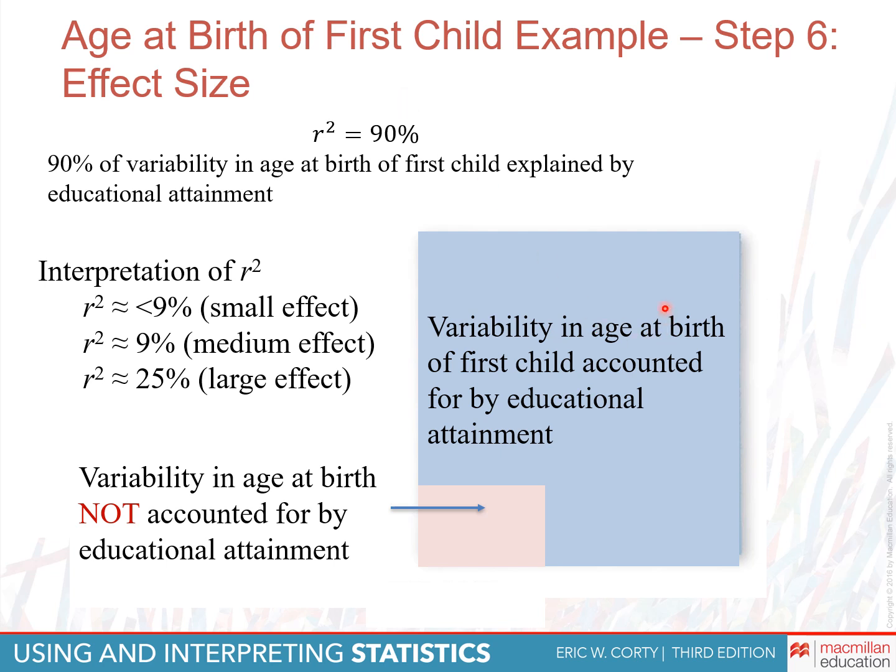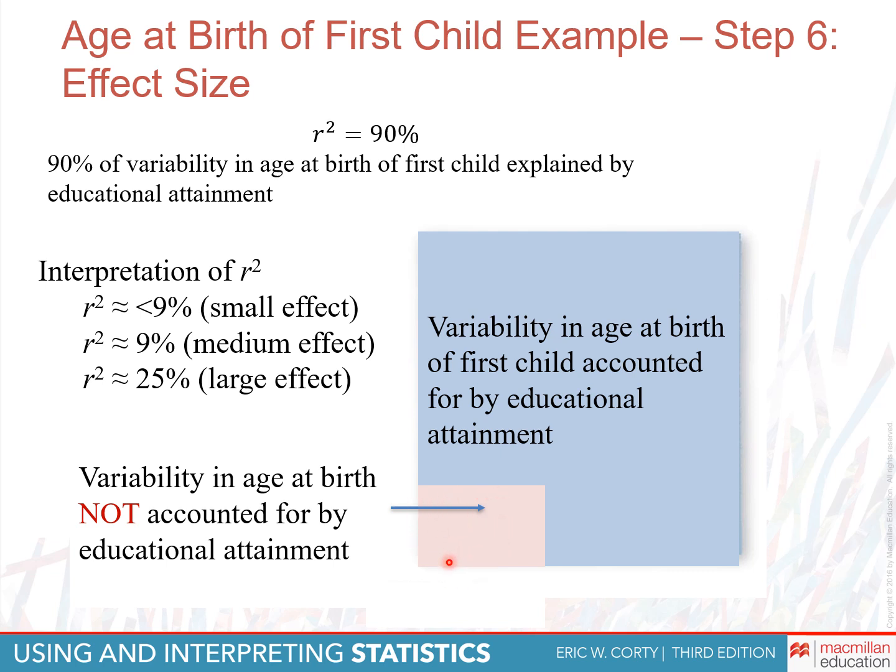And so if we imagine this box here corresponds to all of the variability we see in age at first birth, 90% of it, which is all of this blue area, is accounted for by education. And then about 10%, which is this pink area, is all of the variability that's not accounted for by the mom's education. So there could be other factors at play. It could be the dad's education that matters.